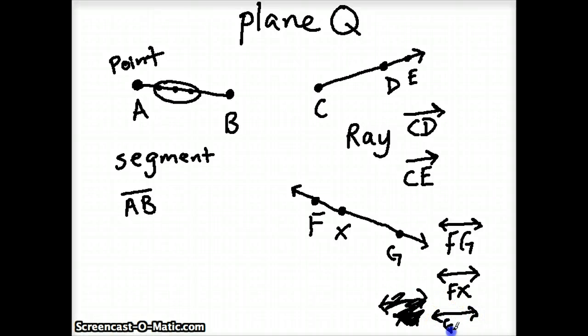Hopefully you said GX. So as long as it's alphabetical and you use 2 points that are on the line, you can give it the name FG, FX, GX. I can keep putting points on this line, keep giving it names. But really, the outermost points are the most descriptive and the ones you want to use. So the best one is FG.